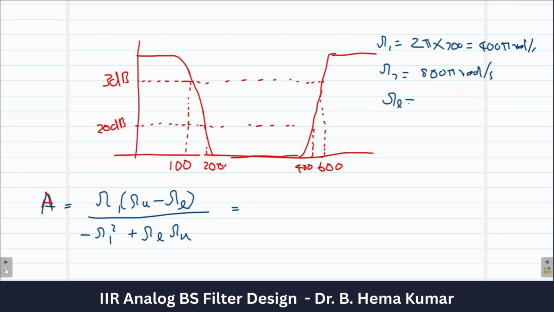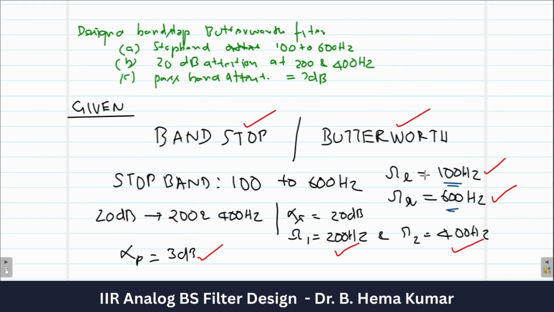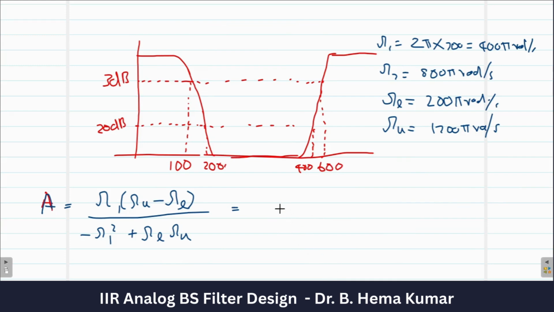Similarly omega 2 is 800 pi radians per second, omega L is 200 pi radians per second, and omega U is 1200 pi radians per second. I'm just multiplying these values by 2 pi. These values are actually FL, FU, F1 and F2, the things originally given. Now we'll use these values in our problem solving.